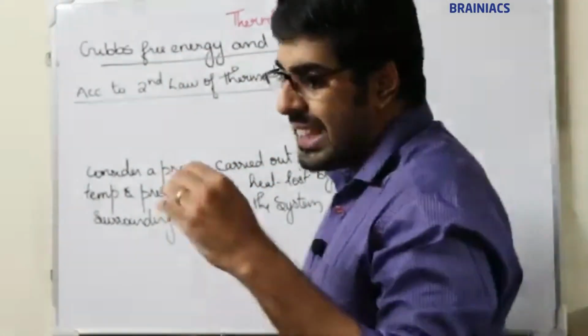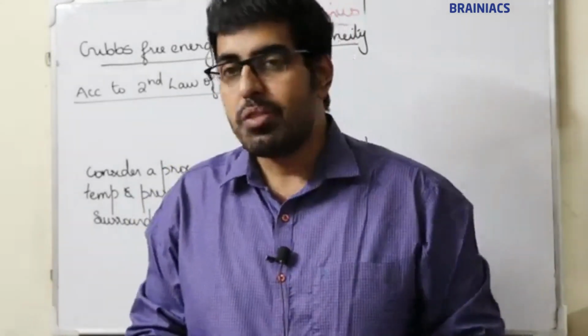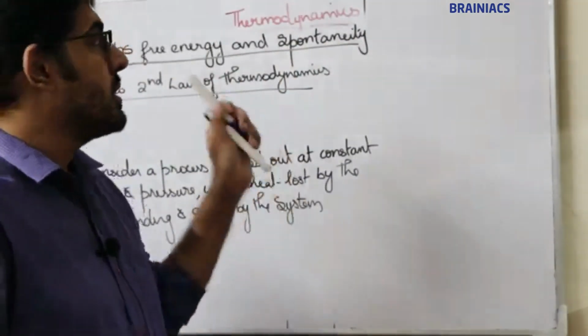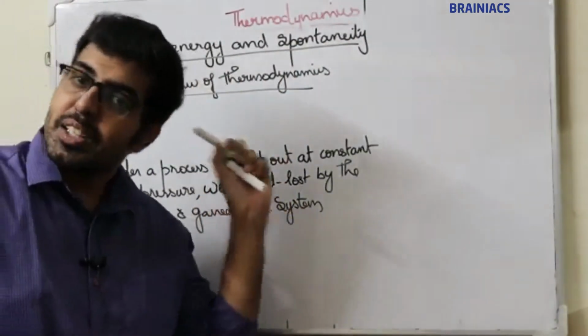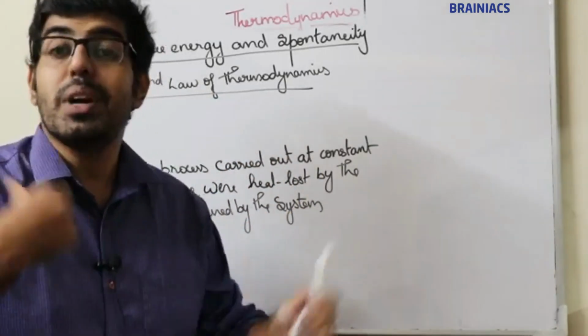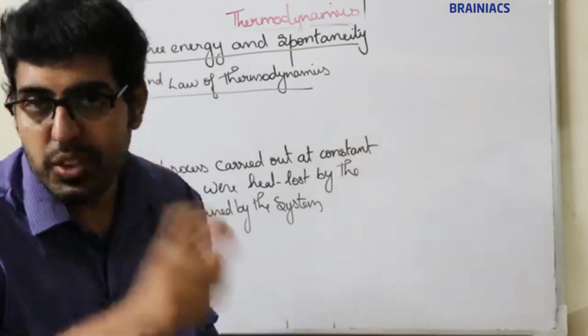Gibbs free energy is introduced to predict whether a reaction is spontaneous or not. We study Gibbs free energy in thermodynamics because it can be used to predict whether a reaction is spontaneous or not.